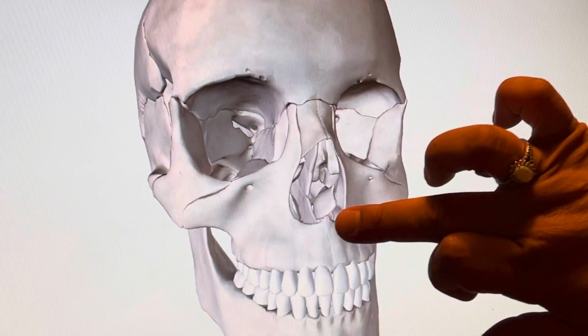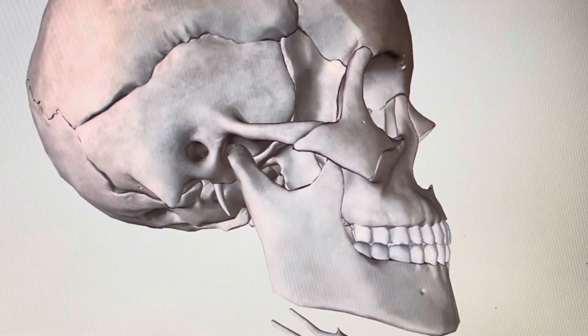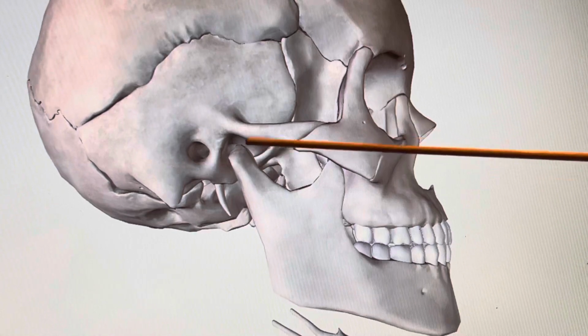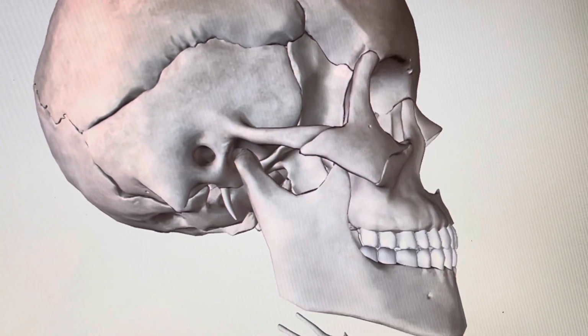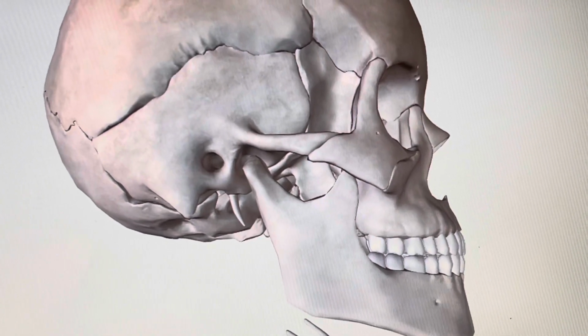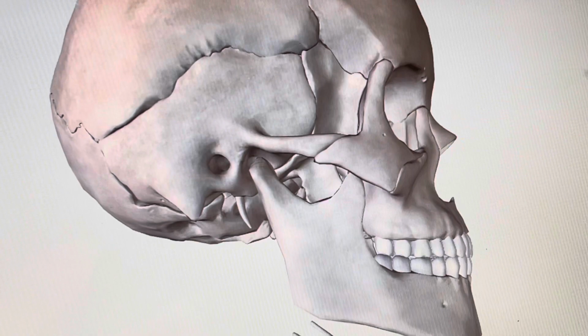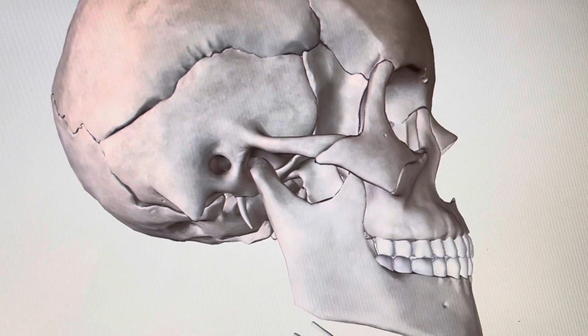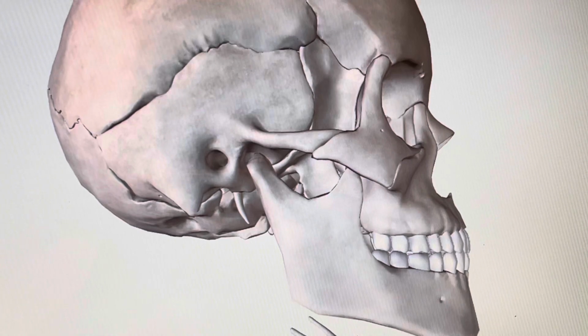If we turn the skull and we look, there's this tiny little hole that is known as the external acoustic meatus. This is found in the temporal bone, which allows for the opening of the ear canal.